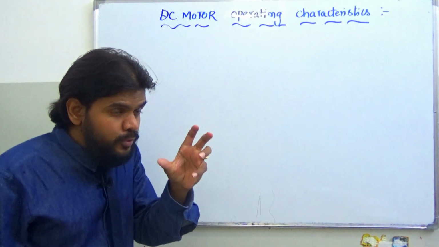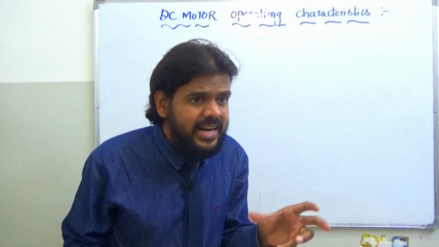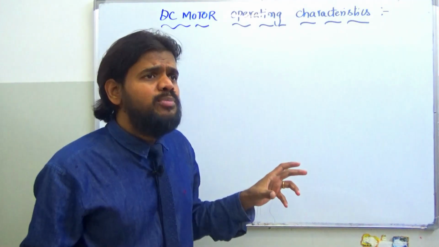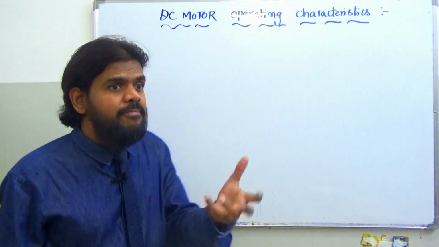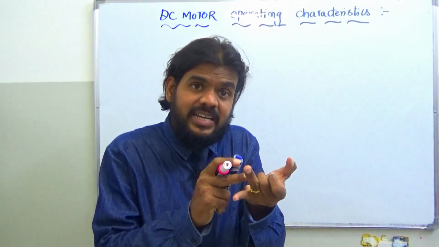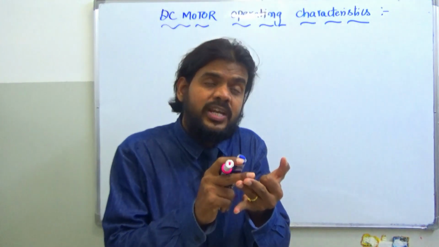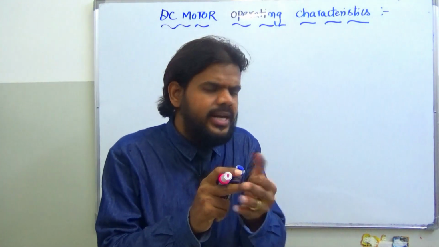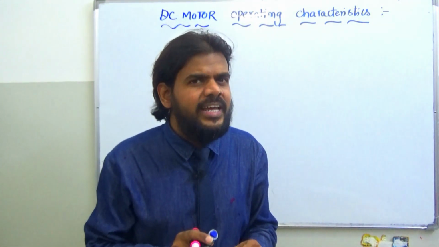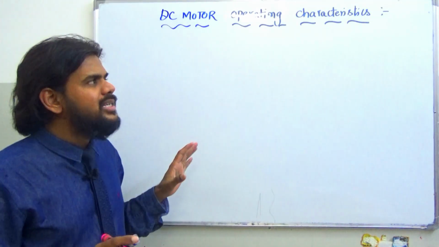If you understand the characteristics of a DC motor, it will be very easy to understand any of the motors, because this gives a foundation for understanding the variation of speed and torque, speed and armature current, and torque and armature current. The basic methodology of tackling any motor's characteristics can be easily understood here.